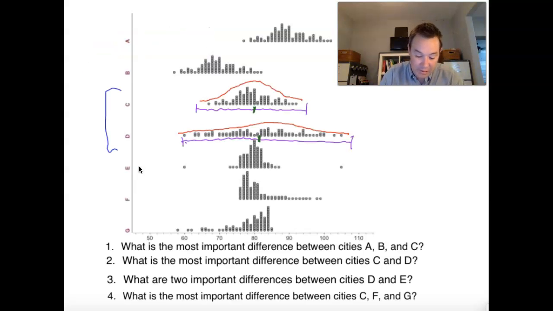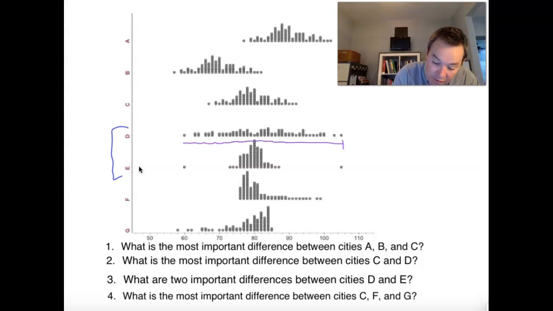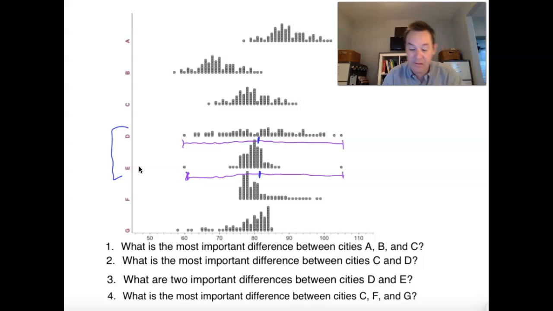All right, number three. What are two important differences between cities D and E? So looking at D and E, again, I would say they're roughly centered in the same location. If we look at the overall spread, it seems like they have roughly the same overall spread, and they're both kind of symmetric, both kind of centered in the same place around 80 degrees.